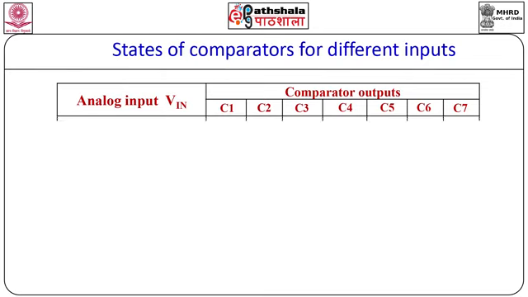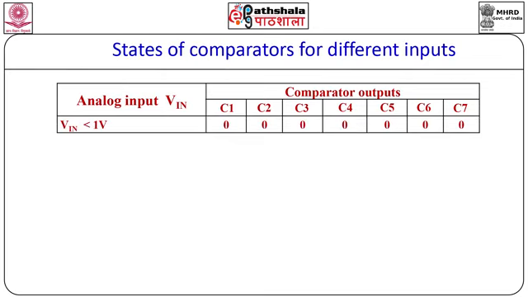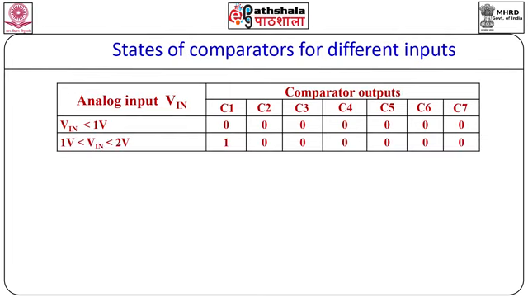Then when Vin is less than 1 volt, the output of all comparators C1 to C7 will be low or logic 0. Whereas when the analog input voltage is increased, and if it is in the range of 1 volt to 2 volt, then only the output of C1 will be high, and all other comparator outputs will be low.